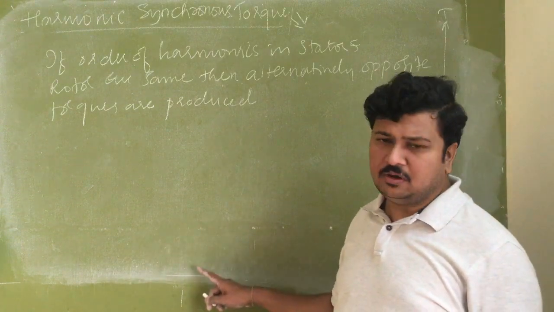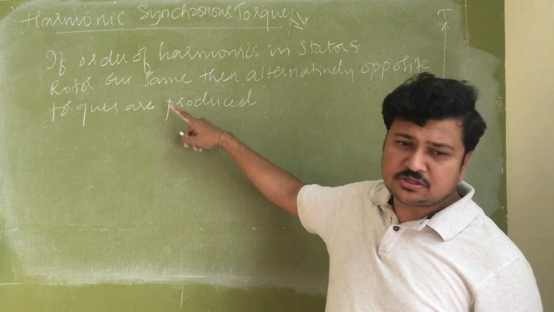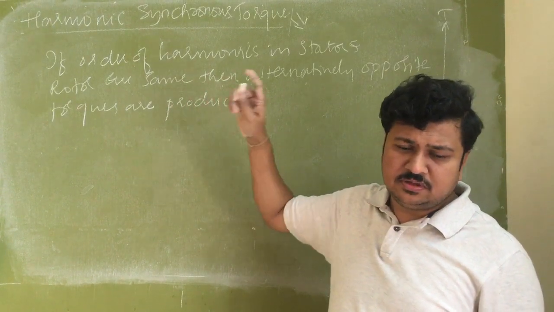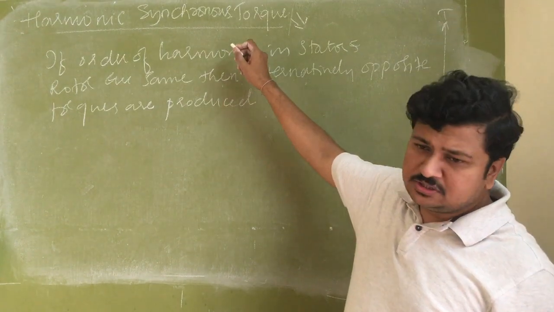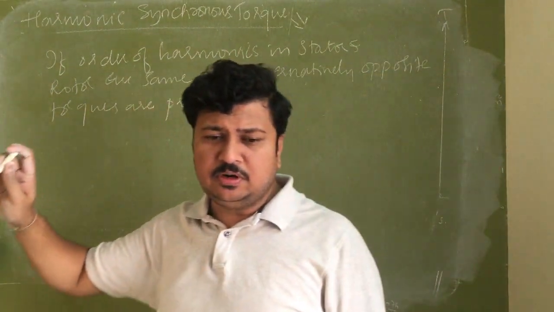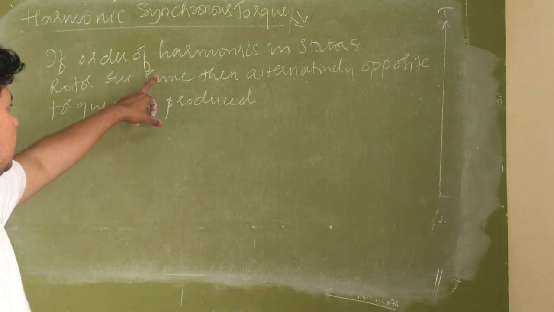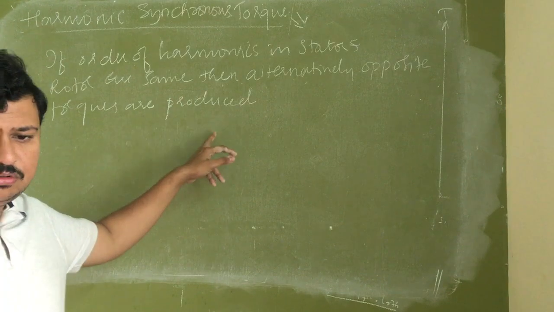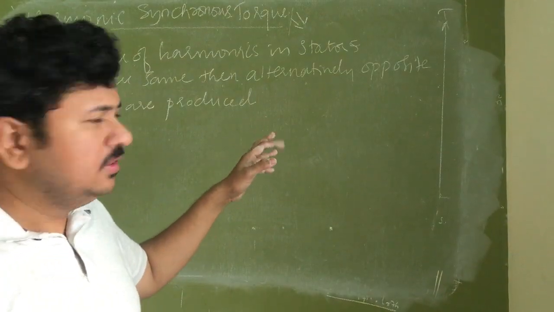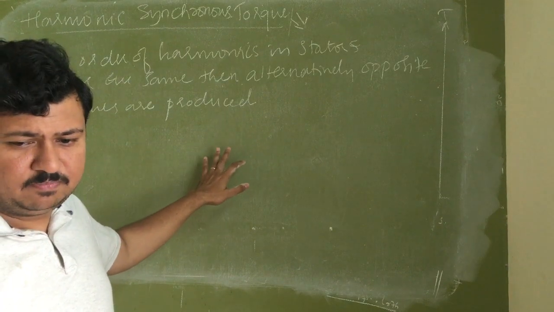One reason for crawling is induction torques. Due to harmonic synchronous torques also there can be crawling. When the speed of stator harmonic is equal to the speed of rotor harmonic, then synchronous torques are induced in the rotor, and due to these synchronous torques, the motor will crawl at subsynchronous speed.